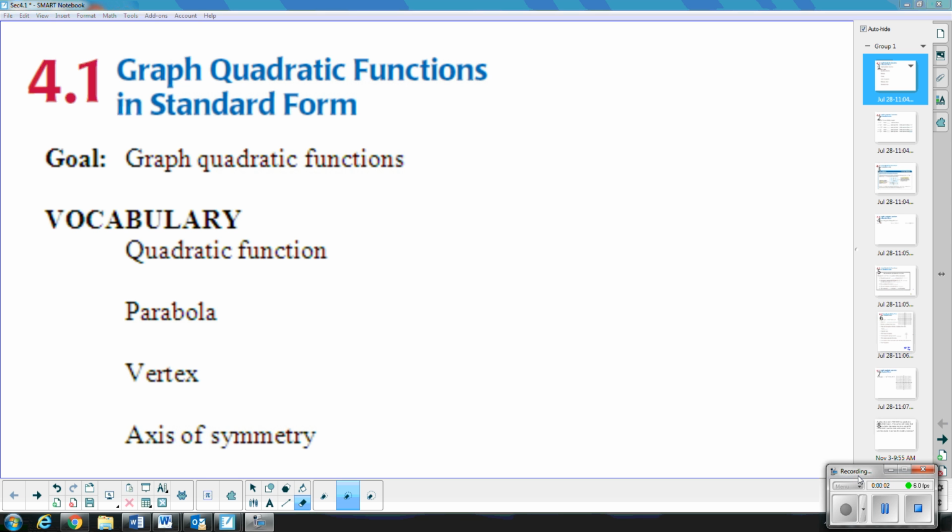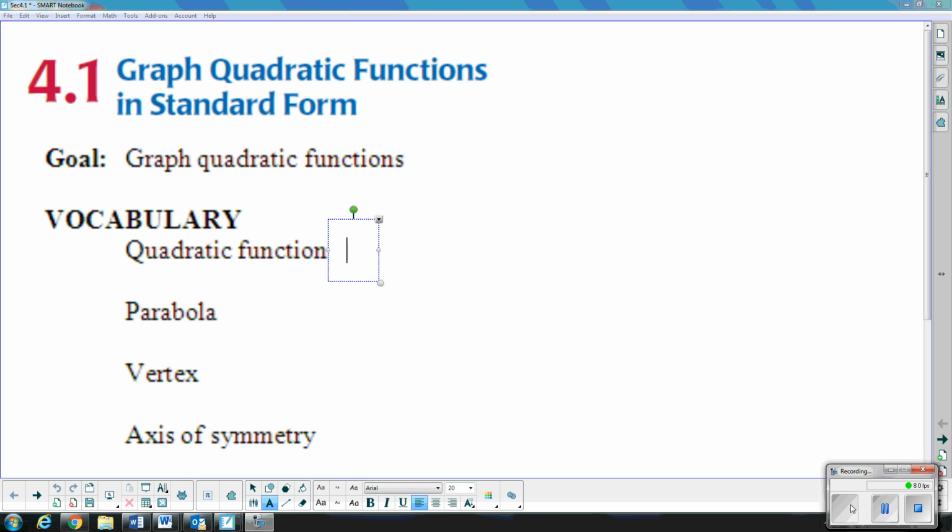Okay, ladies, this is 4.1 and it's about graphing quadratic functions. So we have a few key vocab terms that we're just going to list here on this page.